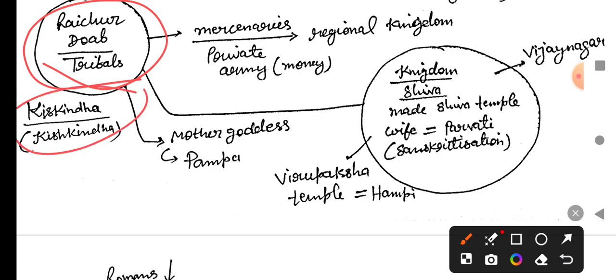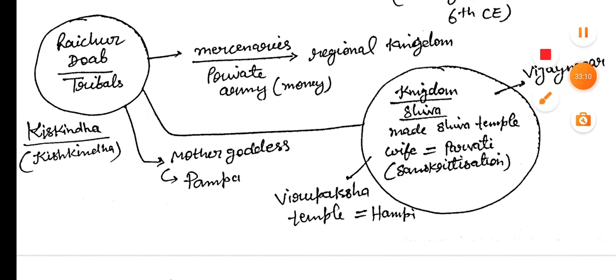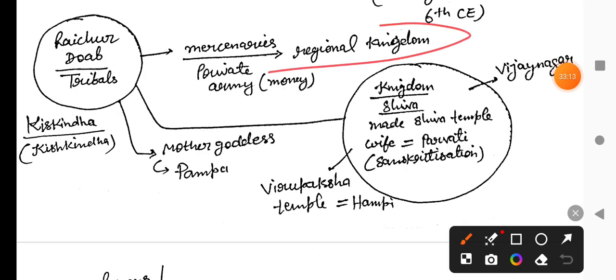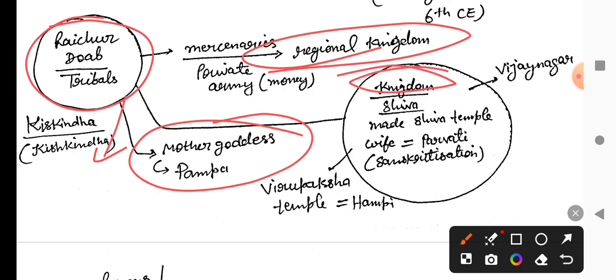Kishkindha, the mercenaries, this is the money system. The regional kingdom located at Raichur Doab is the Kishkindha kingdom. The mother goddess, and these were tribal kings. These were tribal areas, and the mother goddess was named Pampa, and the kingdom was regulated by Shiva.